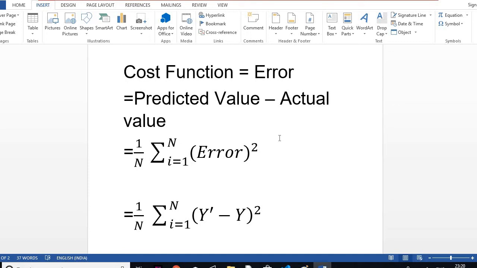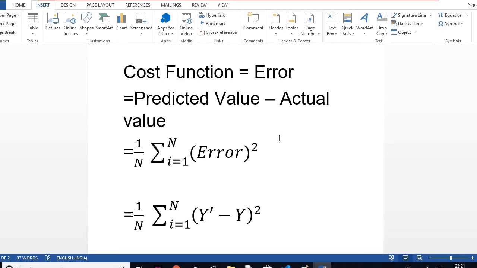If you know more about physics, when you discuss gaseous molecules, there also their velocity is defined as root mean square velocity, RMS velocity. Another approach is, first you take the square, then the mean, then the root.